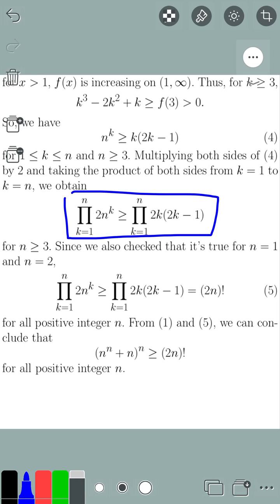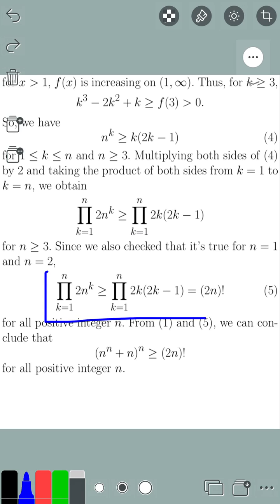We obtained this inequality for n larger than or equal to 3, and we checked it for n equals 1 and n equals 2. So this inequality holds for all positive integers n. And recall that the product on the right hand side here is simply 2n factorial.